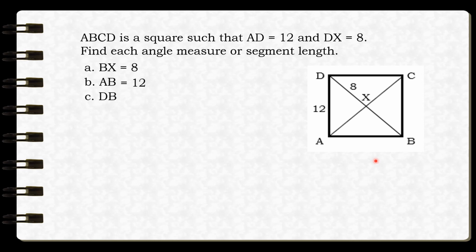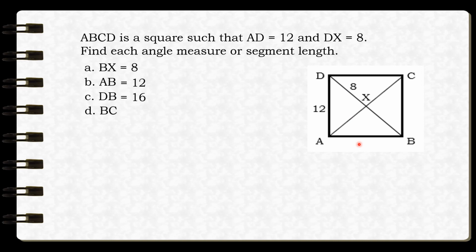So next is segment DB. Segment DB is a diagonal, and we know that segment DX plus segment BX is actually equal to segment DB. So you just add the measurement of these two. So 8 plus 8 is equal to 16.